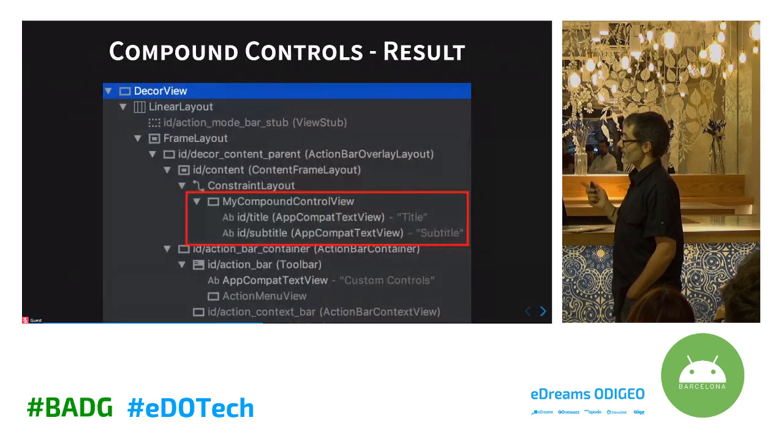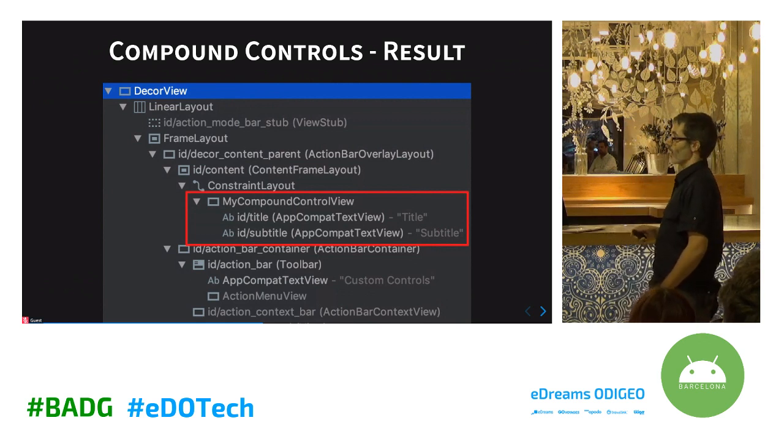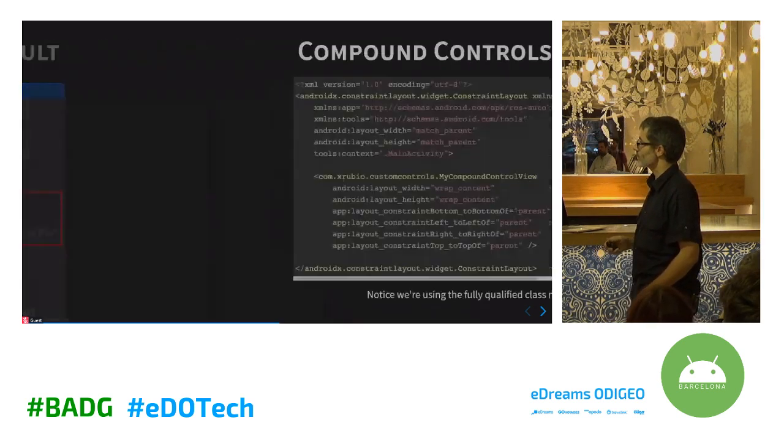And what we get is this, basically. We get rid of the linear layout, which we already had, and it's a flatter hierarchy. So it's good for performance reasons. If we have to do it many times, we will save quite a few resources.